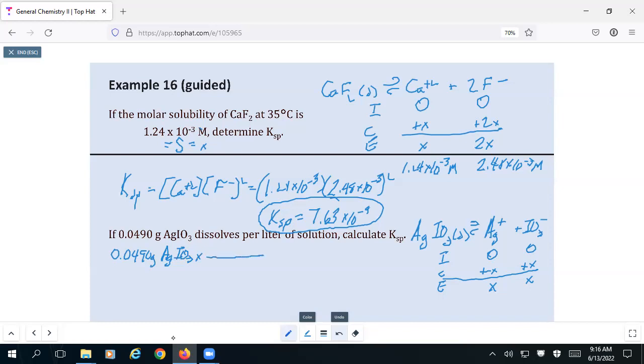For that, we're going to need to find the molar mass. So silver, 107.87, iodine, 126.9, and 3 oxygen, so 3 times 16, is 282.77.